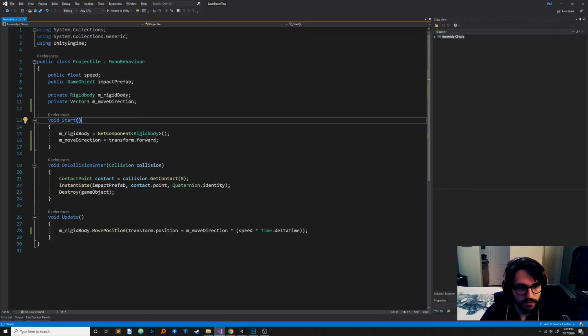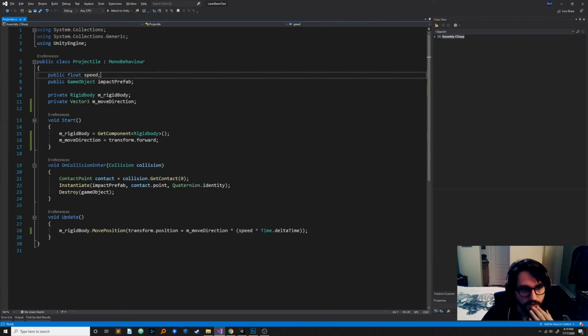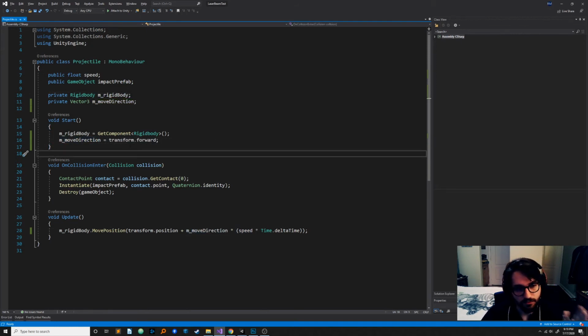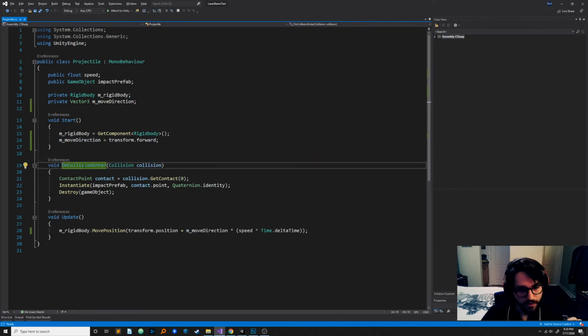So this is the script here. We'll go over the script real quick. I have this float speed variable, which just controls the speed of the projectile. I have an impact prefab, and I have a move direction that's essentially moving in the direction that transform forward points. When we trigger collision, we get the contacts, which returns an array of contact points.